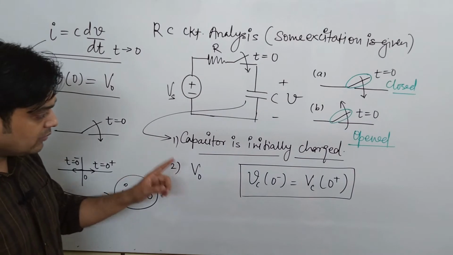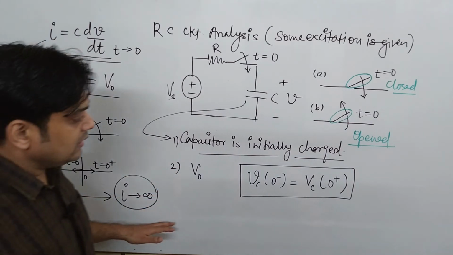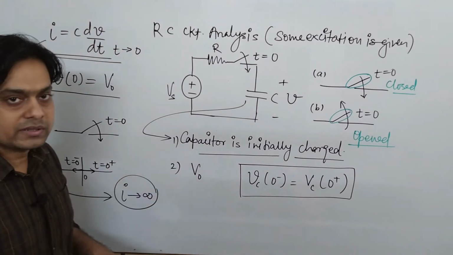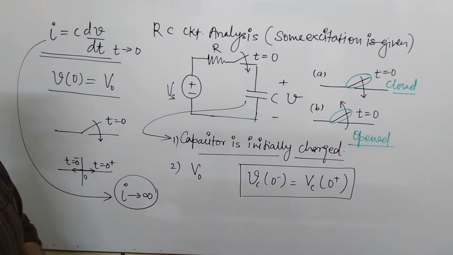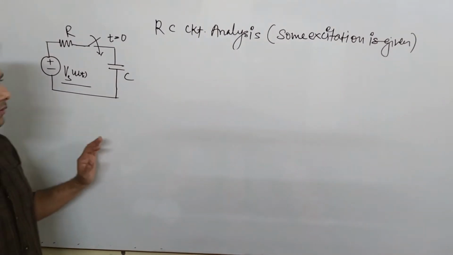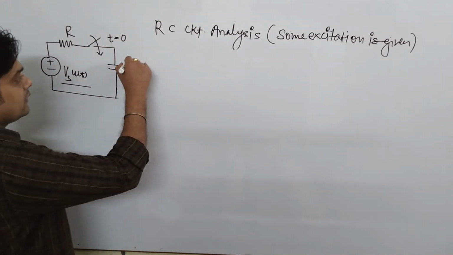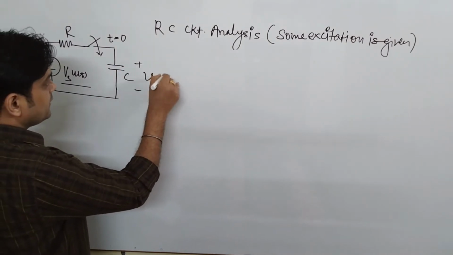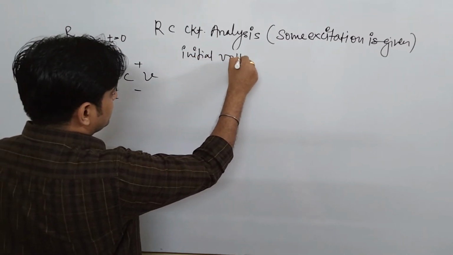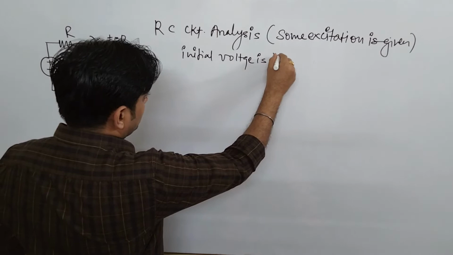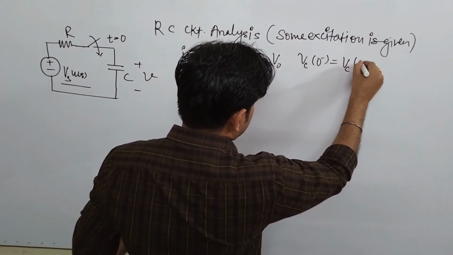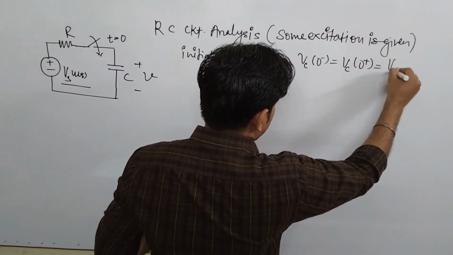So this is all about the initial condition. In our later problem solving sessions, we will understand more about these conditions and see how they are applied while solving problems. From here we have finally understood that the initial voltage is V naught, that means VC0 negative is equal to VC0 positive, which is equal to V naught.